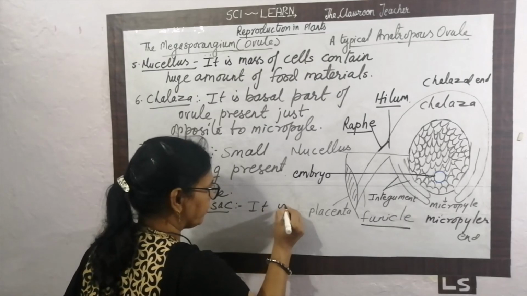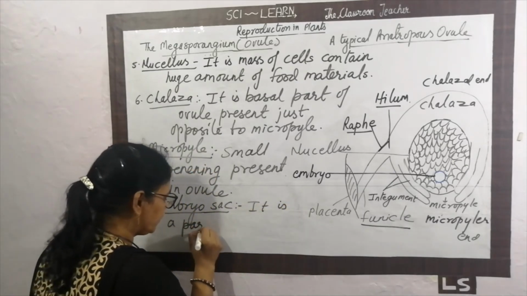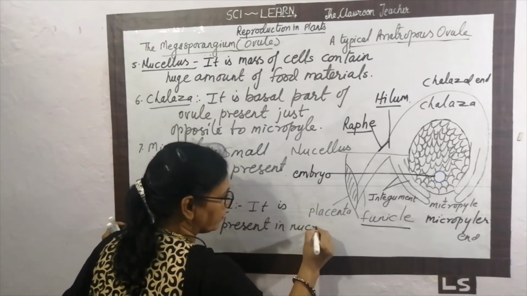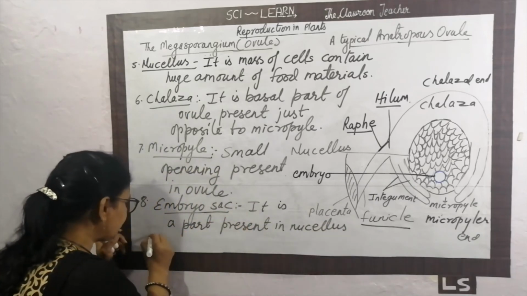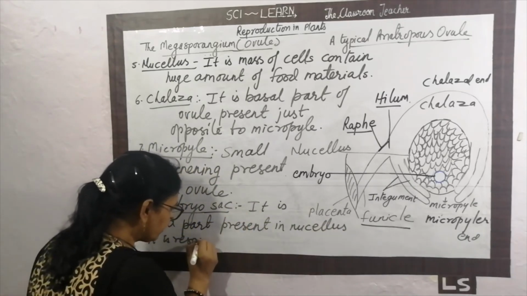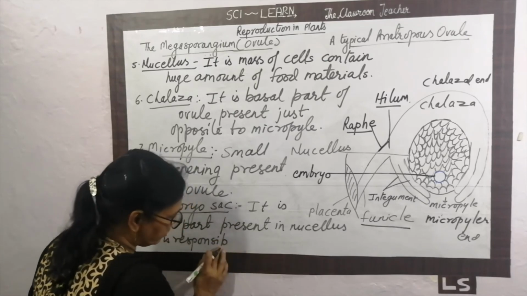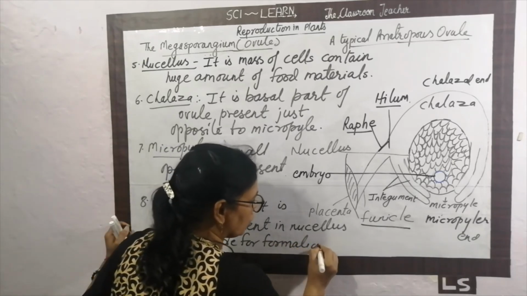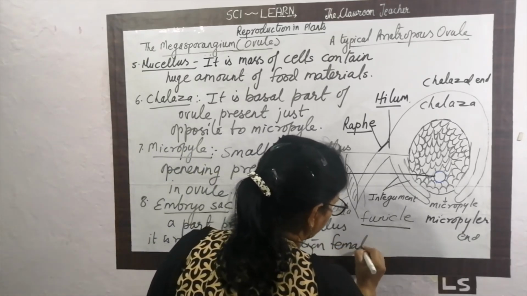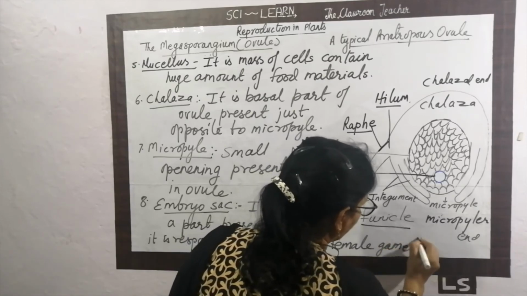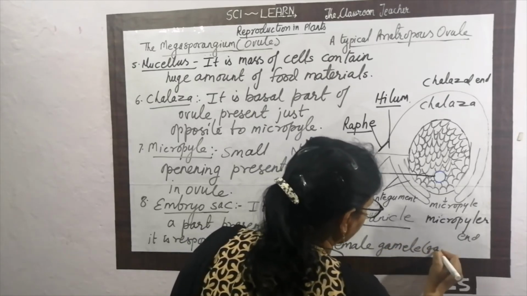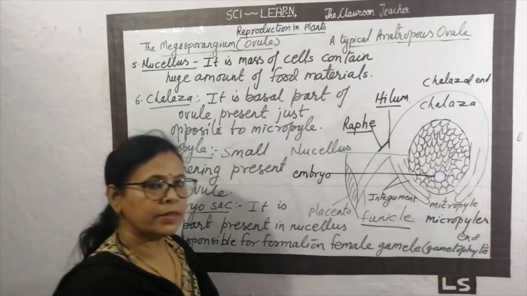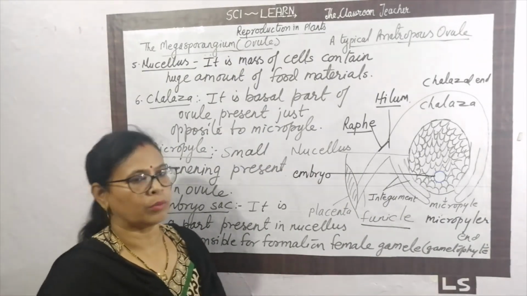It is responsible for the formation of the female gamete. So this is about the typical anatropous ovule.